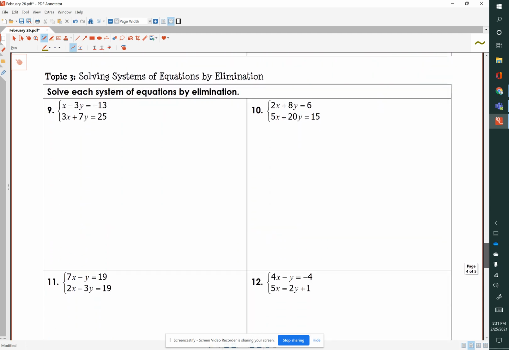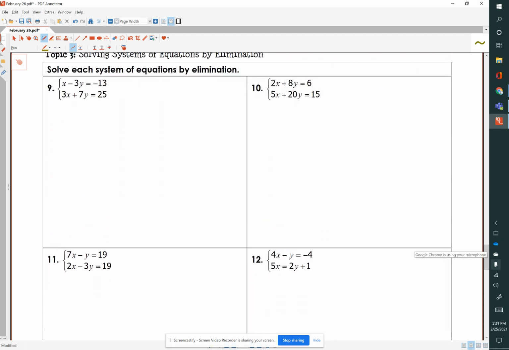And then finally, let's do 4 elimination problems. So these are the ones that take a little bit longer. So I've got x minus 3y equals negative 13, 3x plus 7y equals 25. If I multiply this first equation times 3, I will have 3x in both equations.